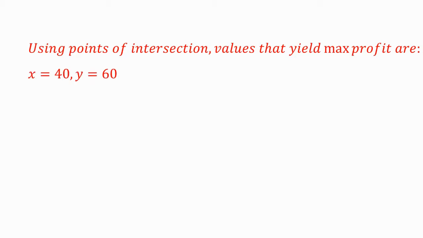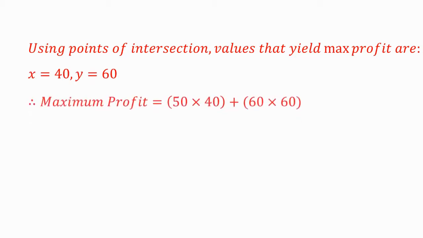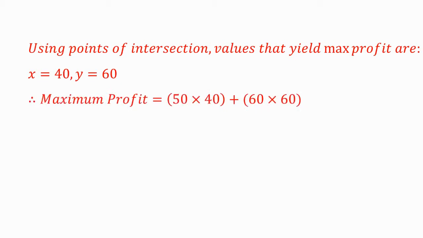Then, using the profit figures we have been given, the maximum profit is 50 times 40, where 50 is the profit per kilogram of beef, plus 60 times 60, where 60 is the profit per kilogram of mutton, and the total is 5,600 Kenya shillings.